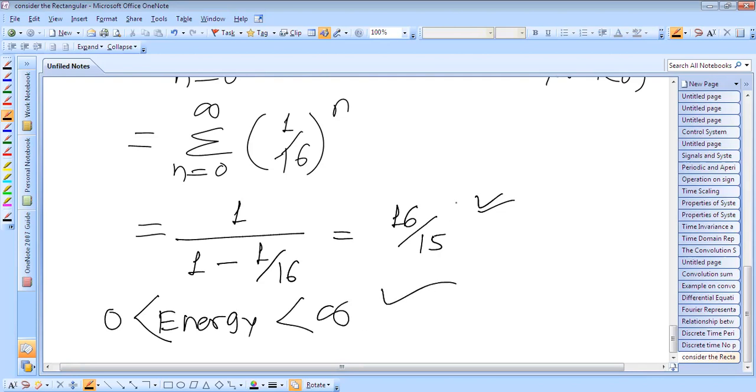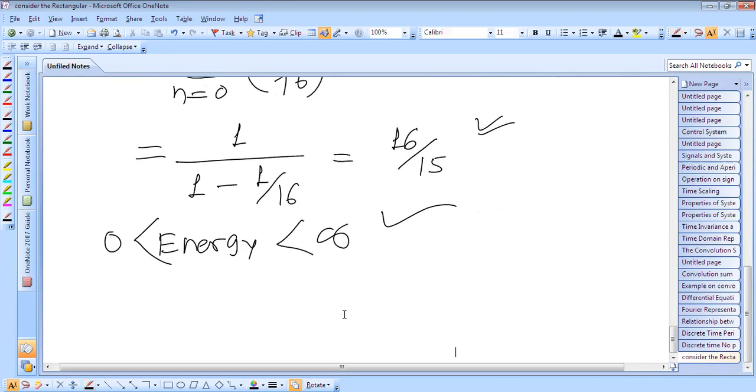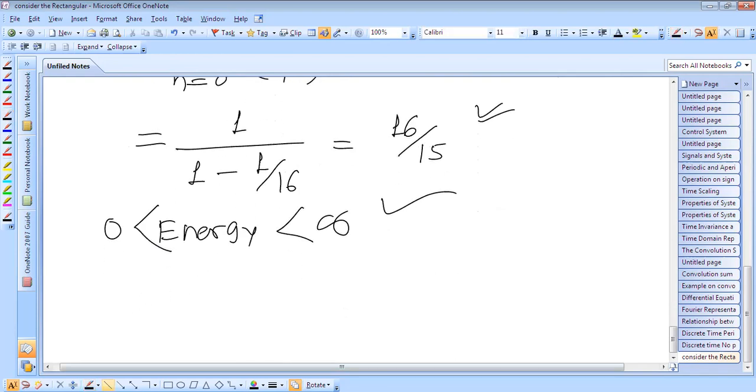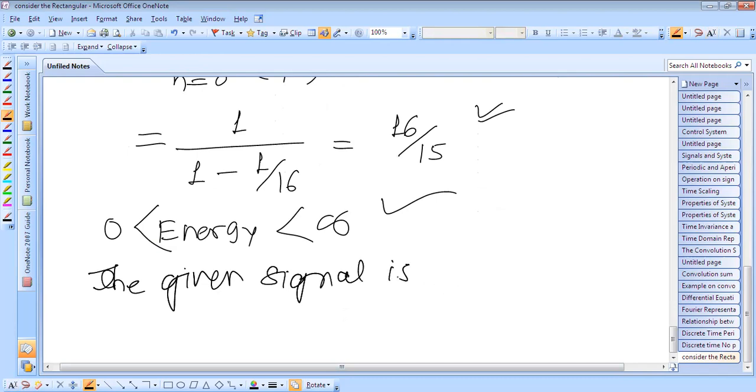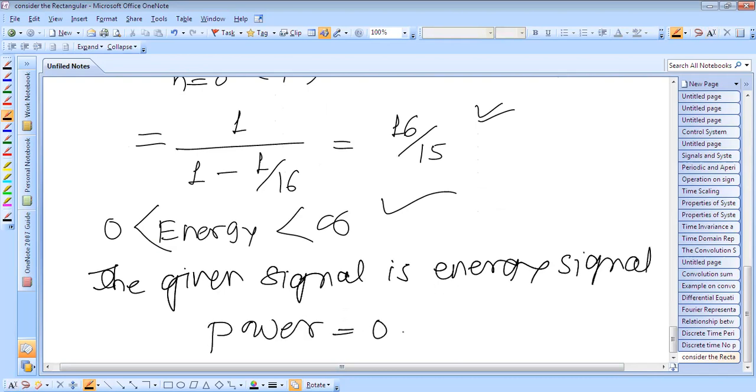Because this value is greater than 0 but less than infinity, we can say that the given signal is an energy signal, and the power of this signal is 0. Therefore, this signal is an energy signal.